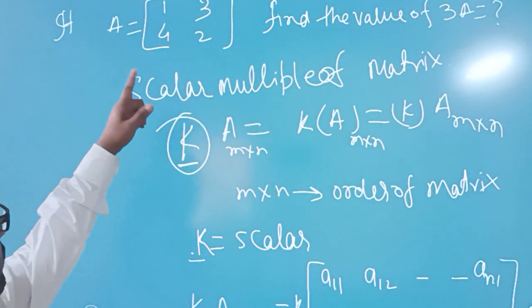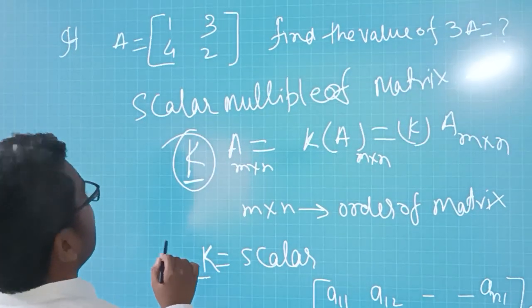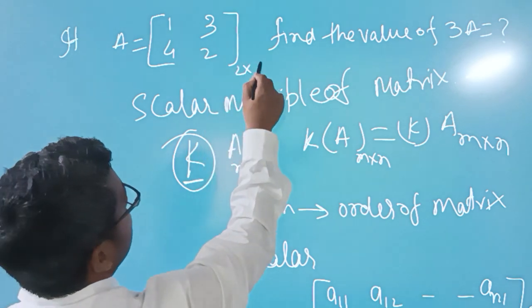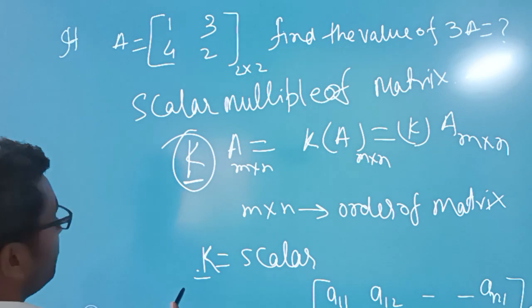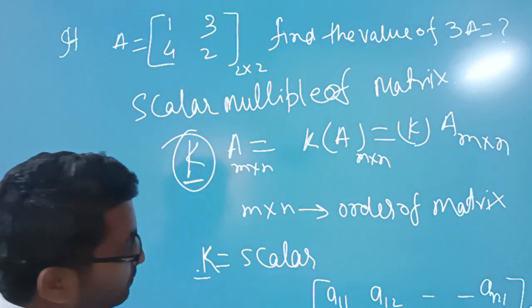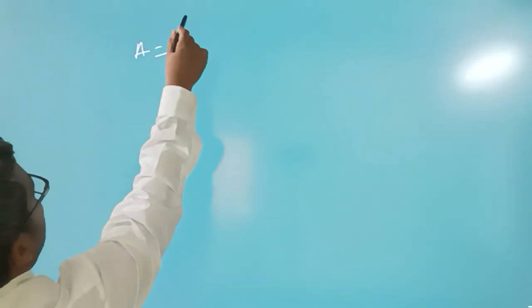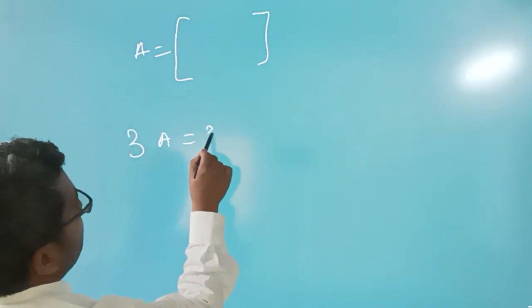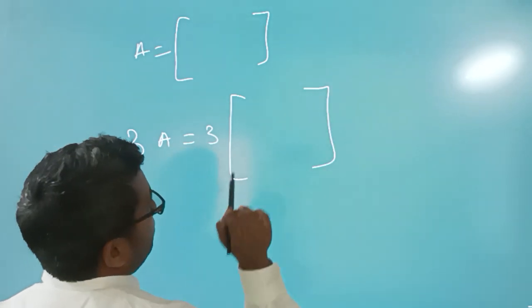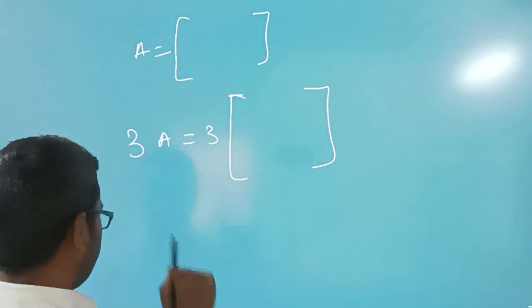A equals this 2 cross 2 matrix, and we need the value of 3A. 3A equals 3 into the matrix, and each individual element should be multiplied by 3.